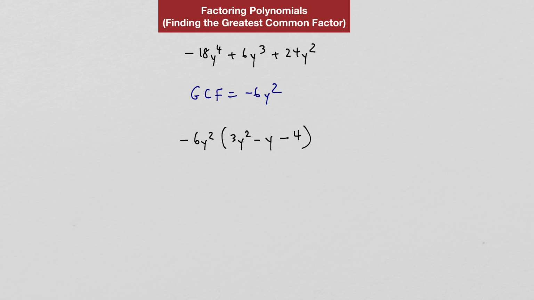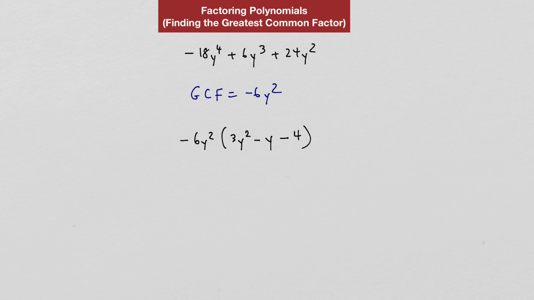And how did I get that? If you take a look, if we were to multiply this negative 6y squared with 3y squared, this would be negative 18y to the 4th, which is exactly what we started out with. And then if we were to multiply negative 6y squared by negative y, we would get 6y cubed.